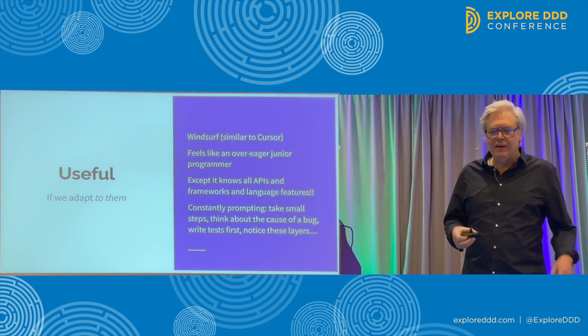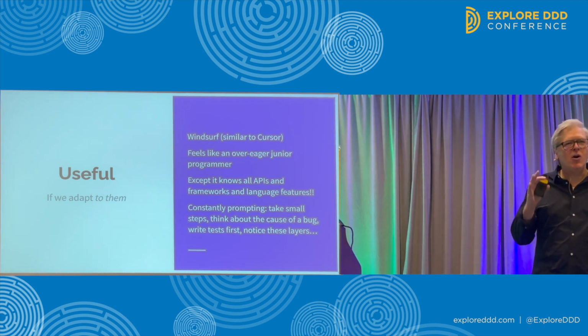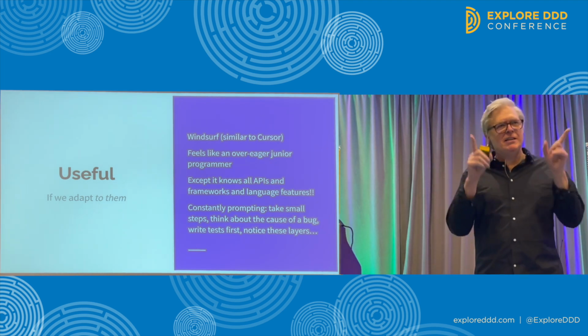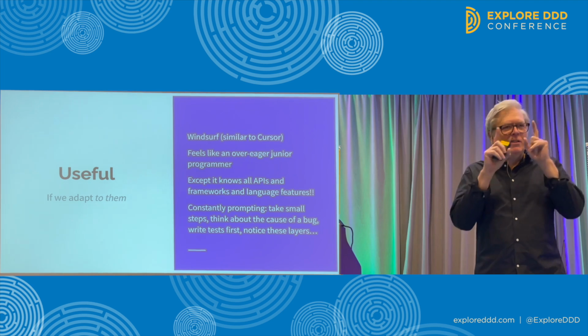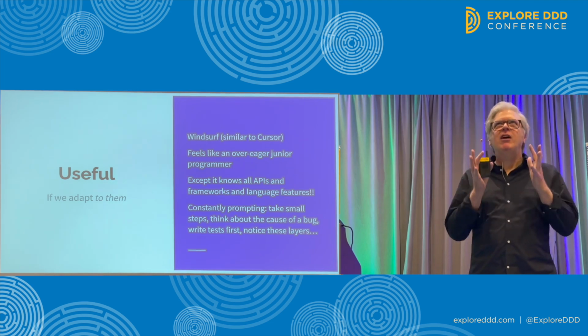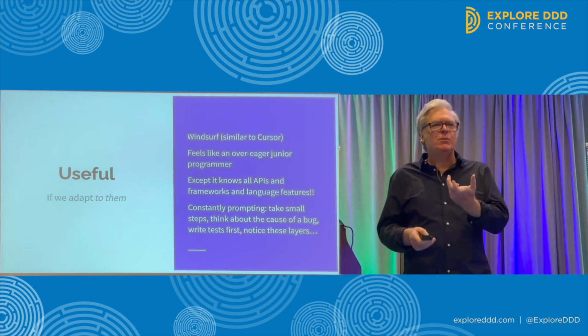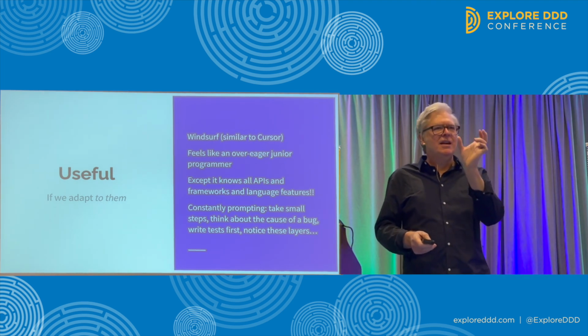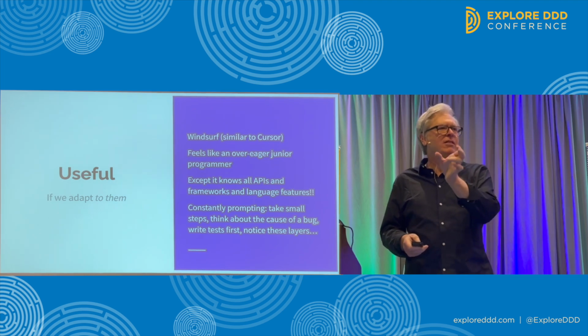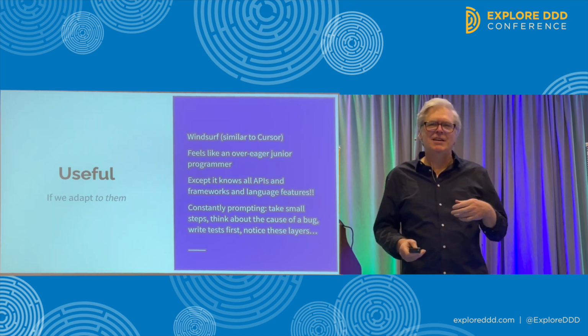So I find that my adaptation to this is I'm constantly prompting it. Just take this one small step, right? Figure this one little thing out. I'm very specific about what kind of things I want to do. Just write a test that will check if our theory about this bug is right.